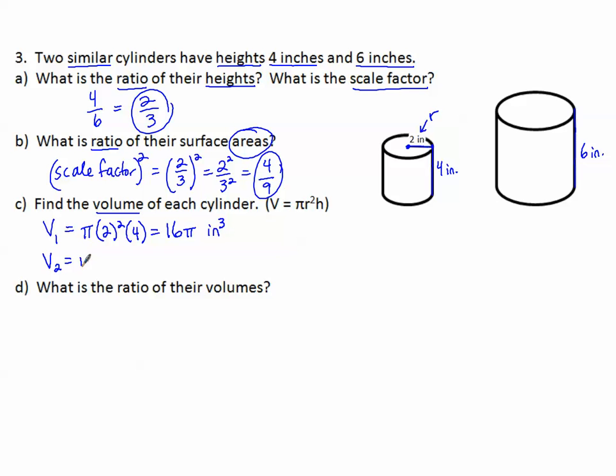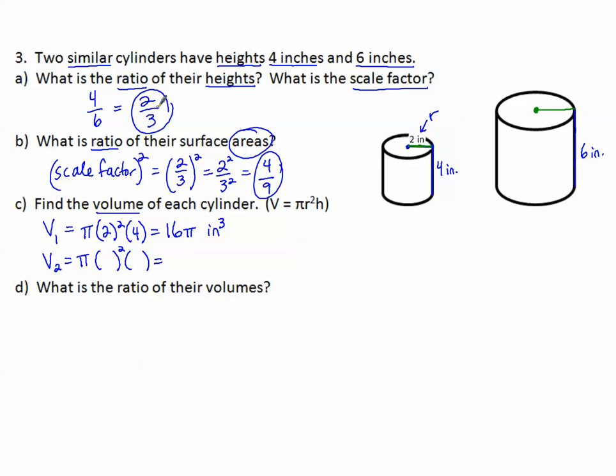Second volume, pi radius squared times height. Radius, well, it's not shown. It should be the part of the cylinder that's from the center to the edge. But what is that? Remember, corresponding lengths have the same ratio as what? The scale factor.